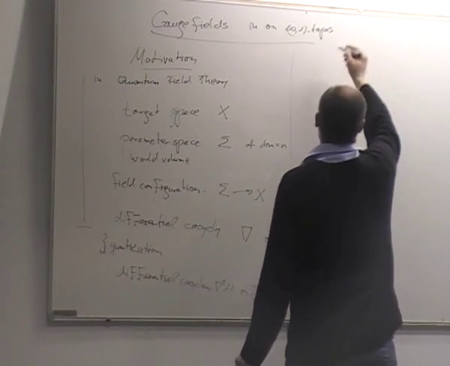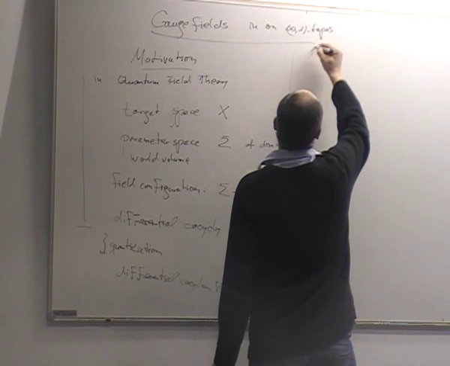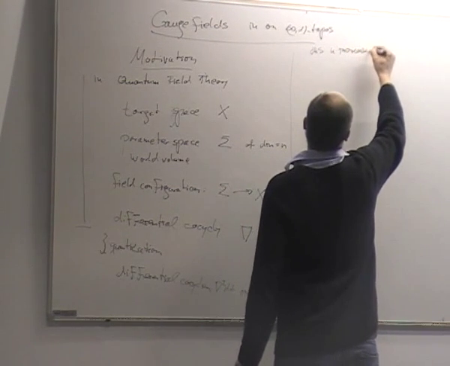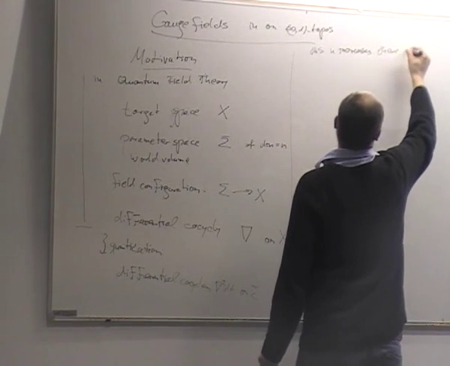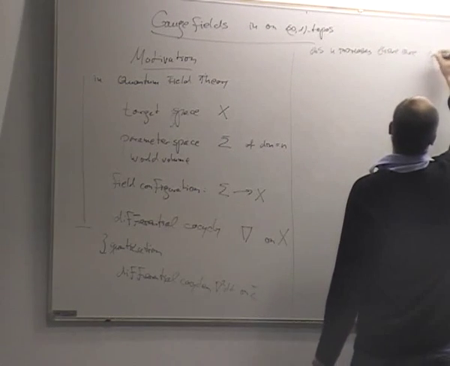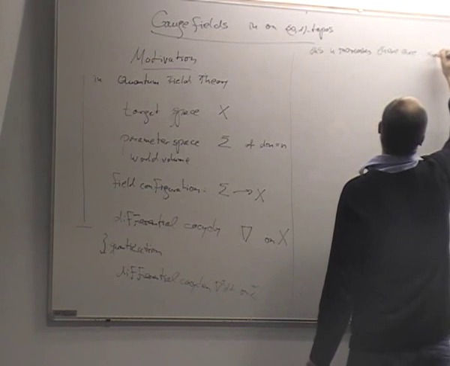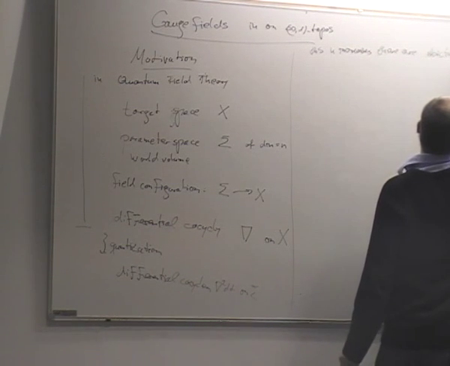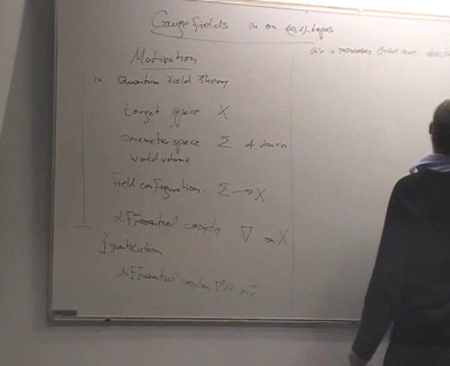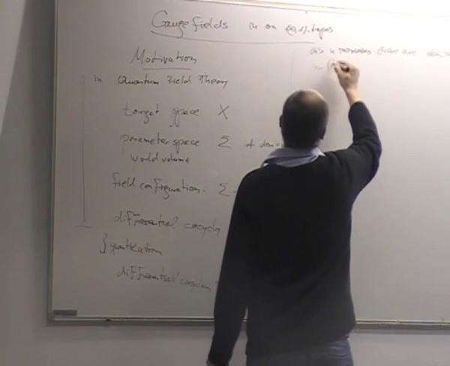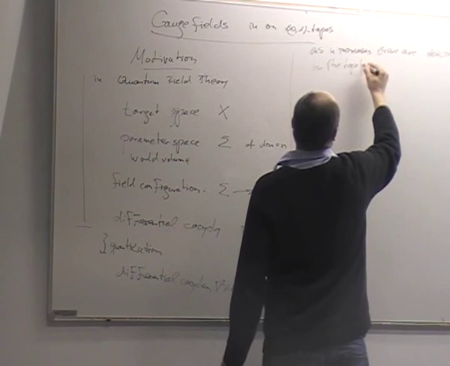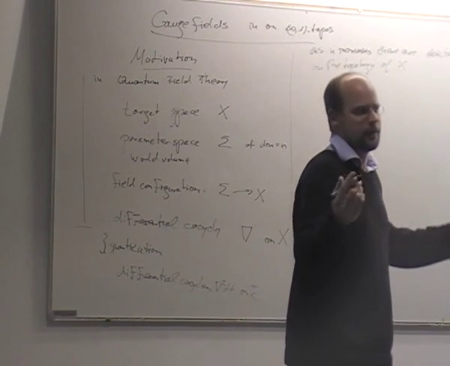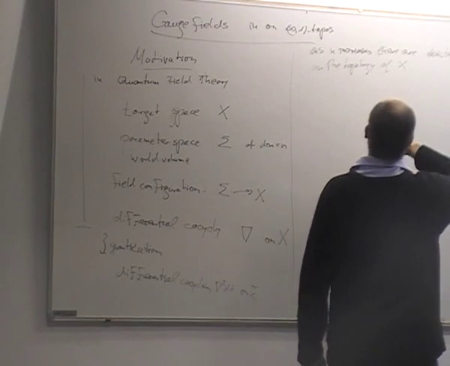So it turns out as n increases, there are ever stricter requirements on the topology of X for the quantization step to make sense, which I haven't explained to you what it is, but just take it for granted.